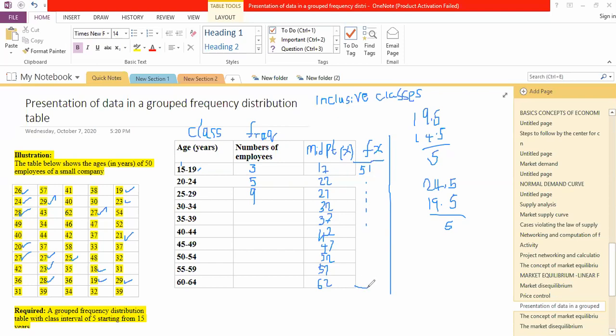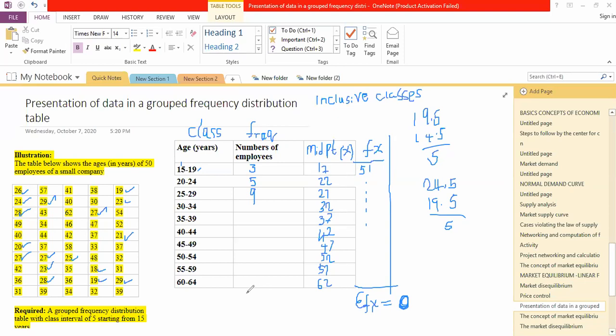And now, we are getting the total, the summation f of x, which will be given by a certain value here after you have multiplied your frequency by the corresponding x, your midpoint.